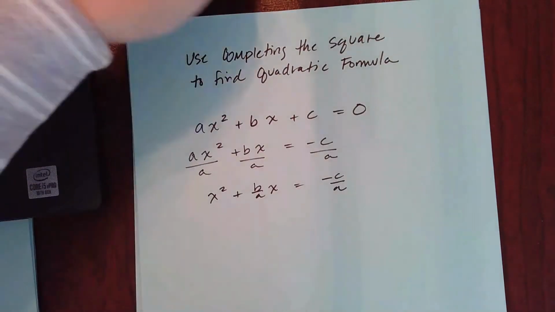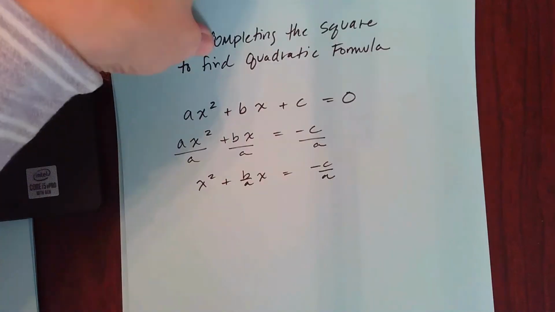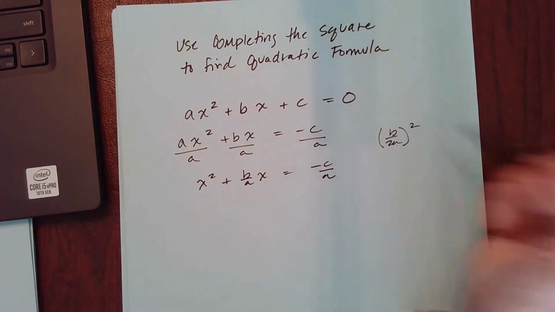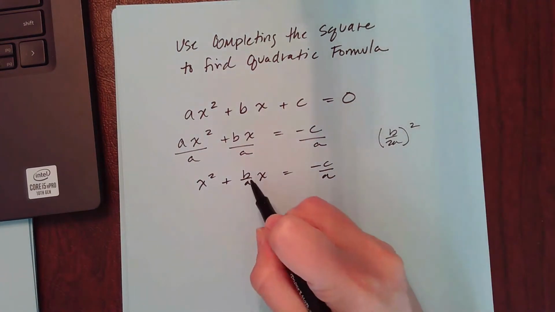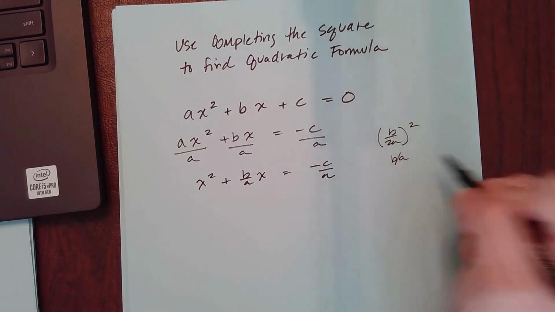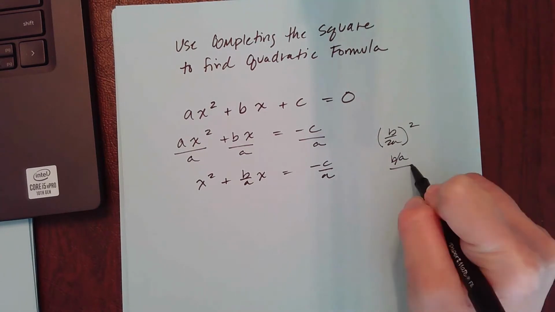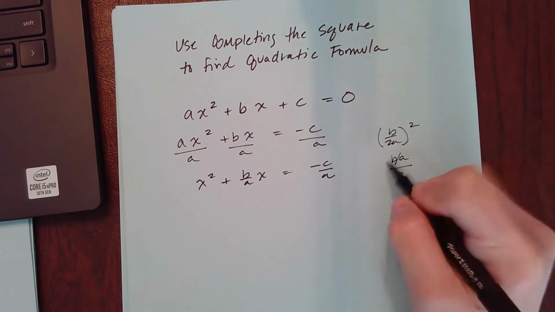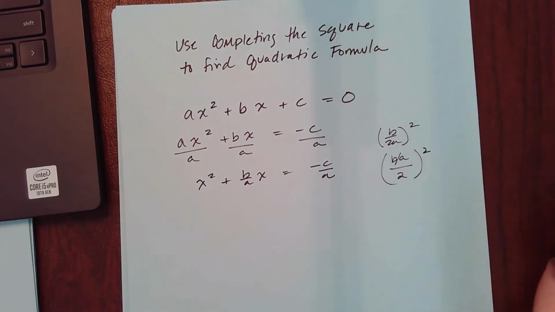After that, you take b over 2a and square it. My b term is b over a, and my a term is 2. Then I'm going to square this. Be careful, there's a little math involved here.